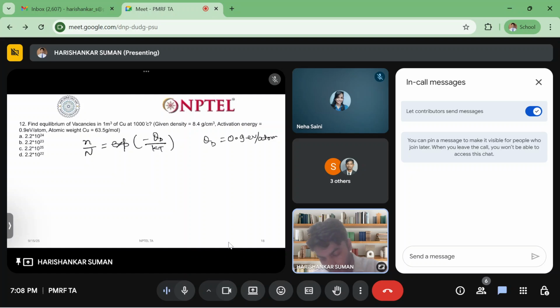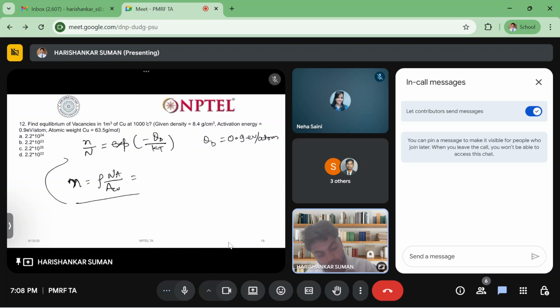We have to calculate the density. How can you calculate n? Small n equals density times Avogadro number divided by atomic weight. These are the formulas.